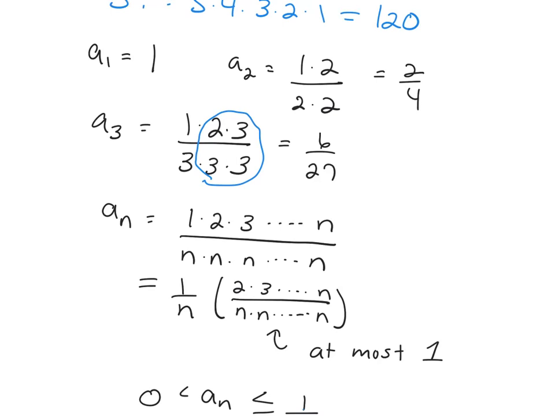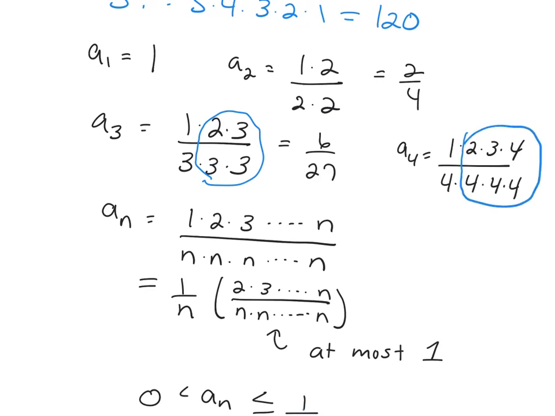And A4 is going to be 1 times 2 times 3 times 4 over 4 times 4 times 4 times 4. What we're talking about in the parentheses is this term right here. I have 3 numbers in the numerator and 3 numbers in the denominator, but the ones in the numerator are smaller, so I'm getting a smaller number in the numerator each and every time.